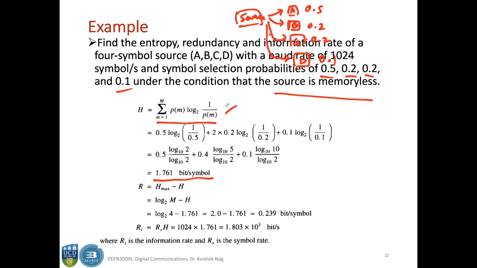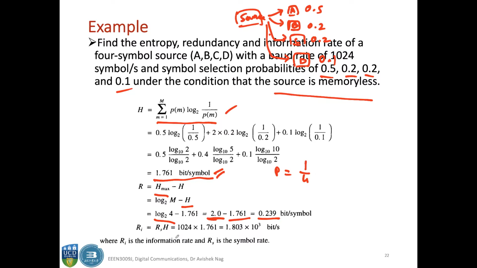This is a 4 symbol source, so the maximum entropy you can get, if the symbols are all equiprobable, meaning 1 over 4 is the probability, is H max equal to log to the base 2 of 4, minus the actual entropy that you calculated, 1.761. So the maximum entropy could have been 2, the achieved entropy is 1.761, therefore the redundancy is 0.239 bits per symbol.